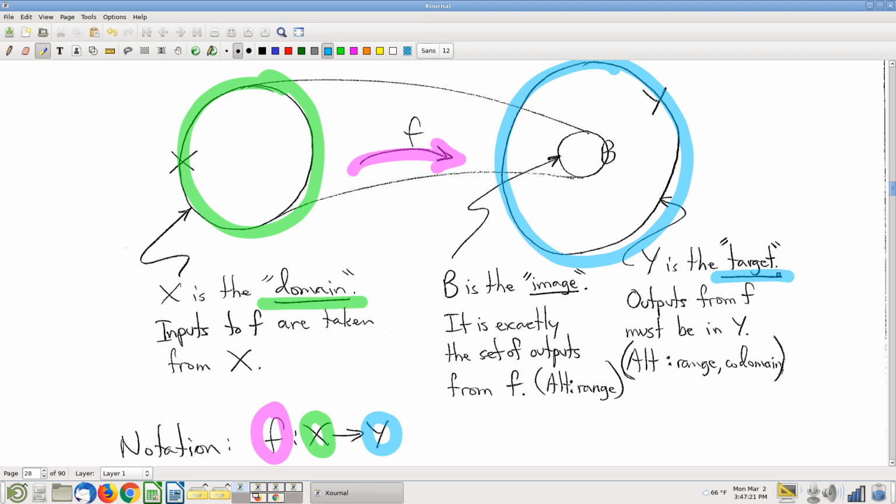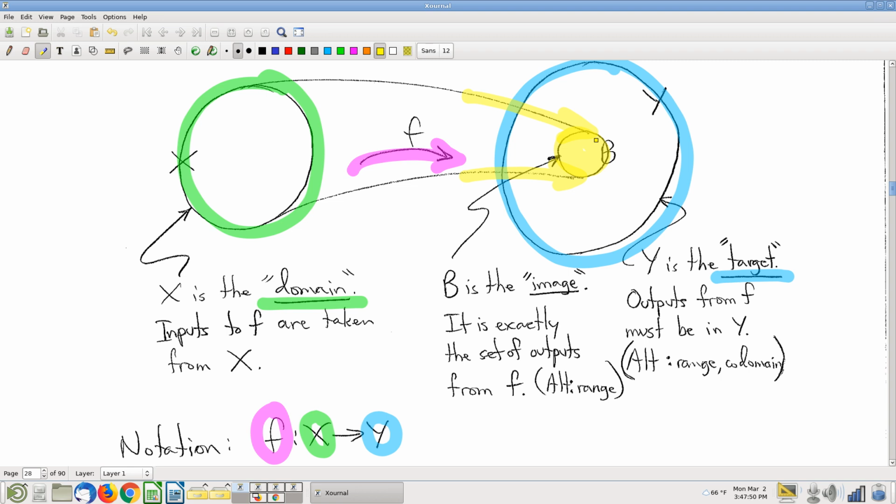Okay, there is a third set that I need to talk about here. This third set is commonly confused with the target, but it is importantly different from the target. This set that I want to talk about is the set of actual outputs. So in the picture here, this set B, and just per the picture, let me point out, it does not have to be the same thing as the target.